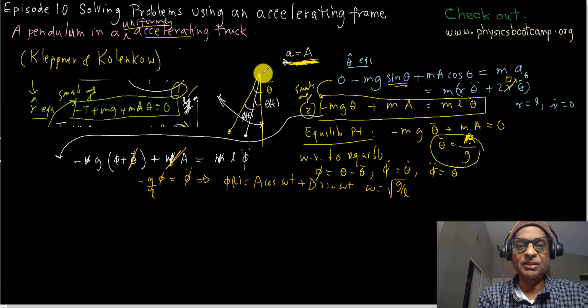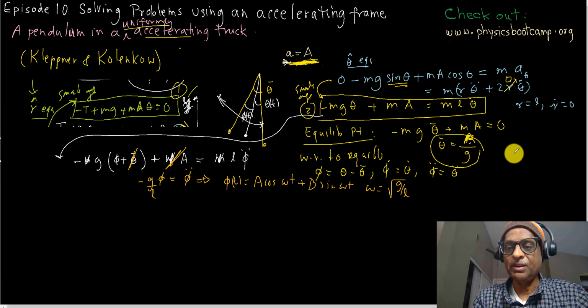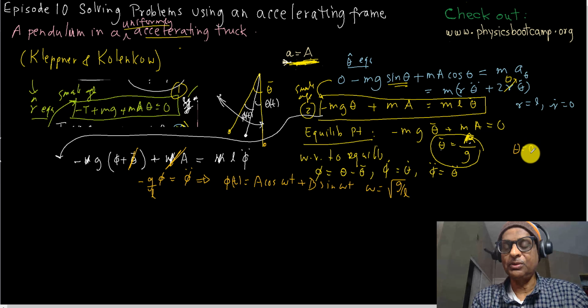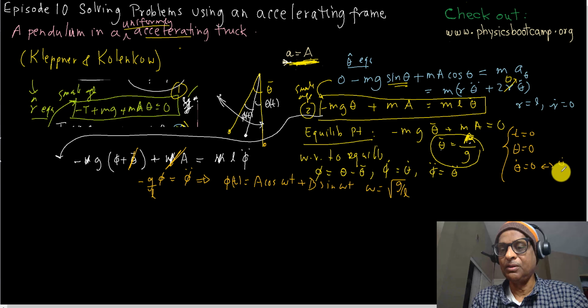What's given is that at t equal to 0, theta equal to 0 and theta dot is 0. This means phi dot is 0 at t equals 0.